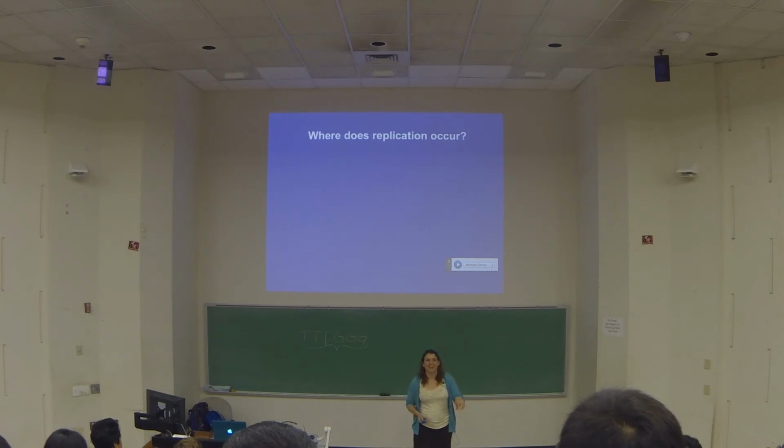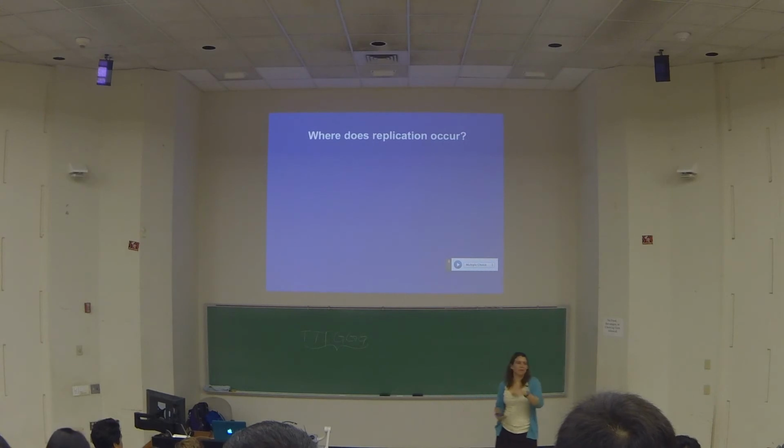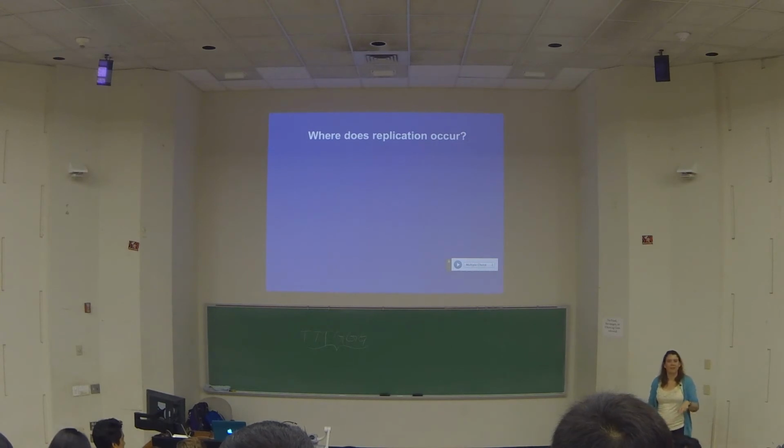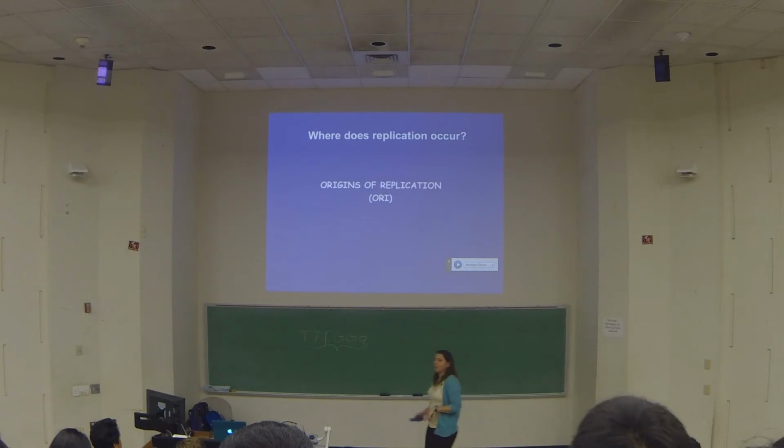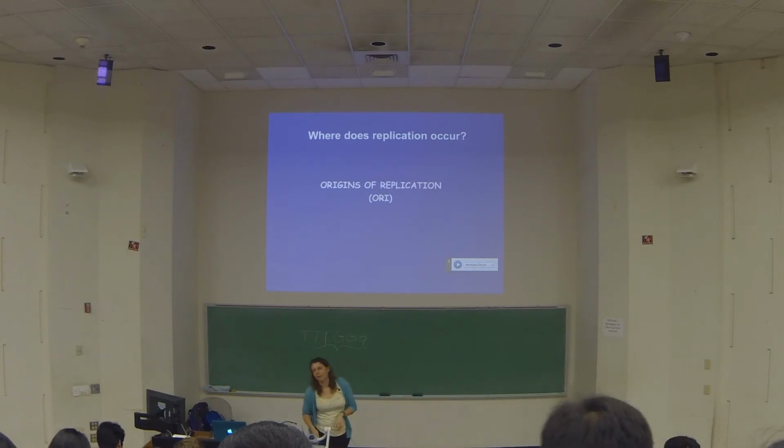Bubble? Replication fork is where the action is happening. The bubble is the form that we're trying to get to, but how does the machinery know where to start? I heard it, the origin. The origin of replication.